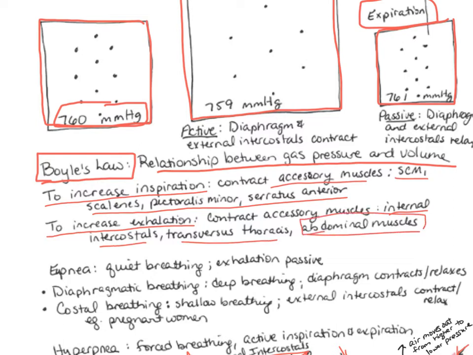These abdominal muscles, I think, are key here, because when you see a person that is forcefully trying to breathe out, you can see that they're using their abdominal muscles, and by contracting those abdominal muscles, they're pushing up on that diaphragm, trying to squeeze that space even smaller. Right?